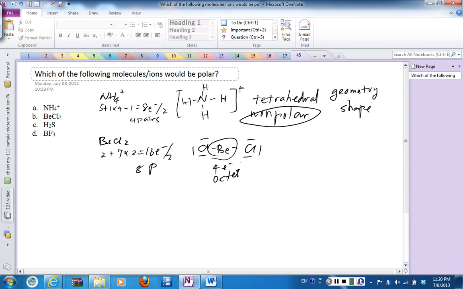So with this setup, you can see that 2 regions of electron density, it's linear. Again, since there's no lone pairs, it's linear geometry and linear shape. With both ends having chlorine atoms, this is a non-polar molecule.